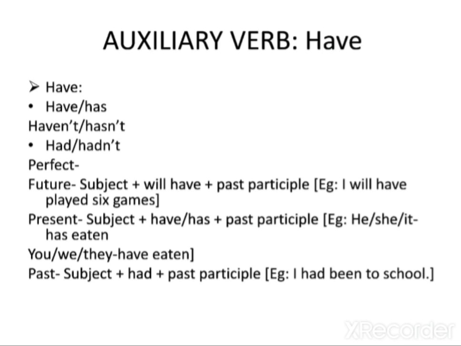If we use present perfect, we use he, she, it, has eaten. You have already eaten. You have to be careful again on your subject and your verb agreement. There are so many things to remember while solving the exercises in English grammar.